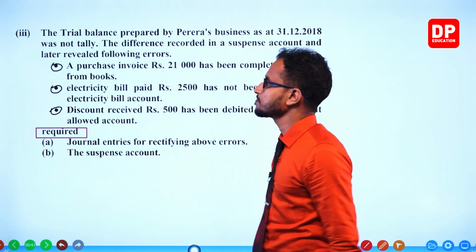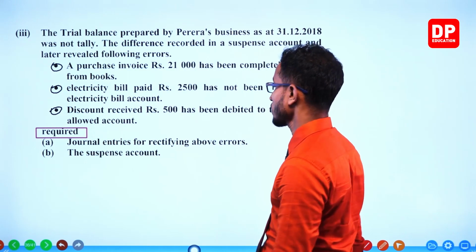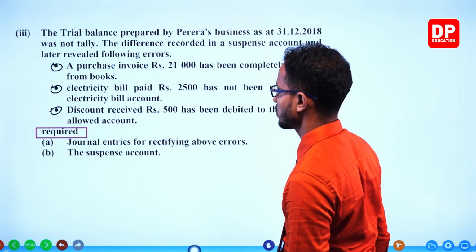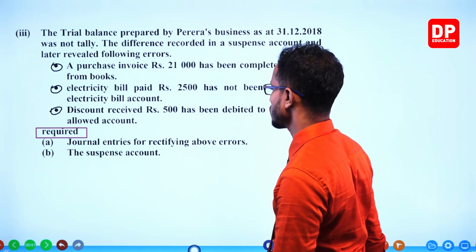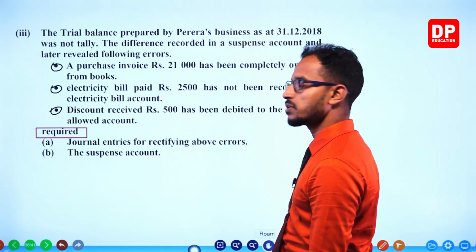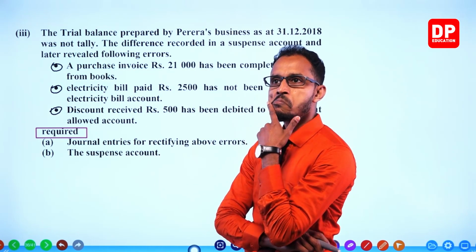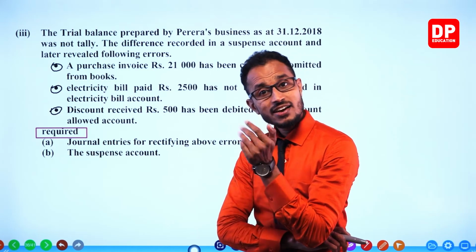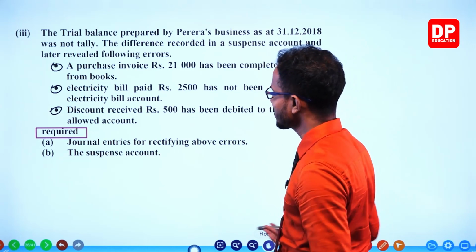Then the suspense account. But the suspense account balance is not given. What are we going to do now? Suspense account balance is not given. We have to find it. That is the question.